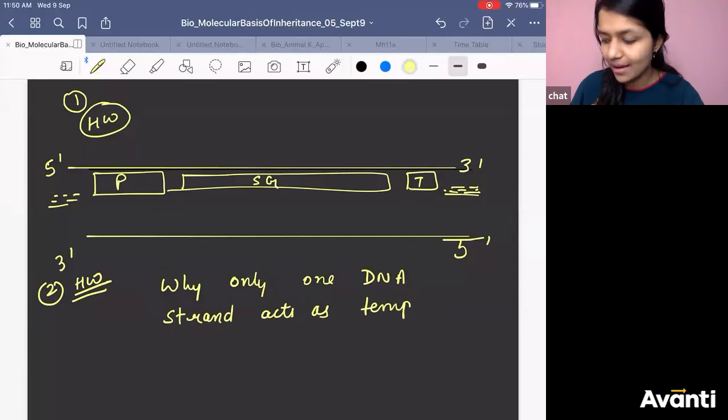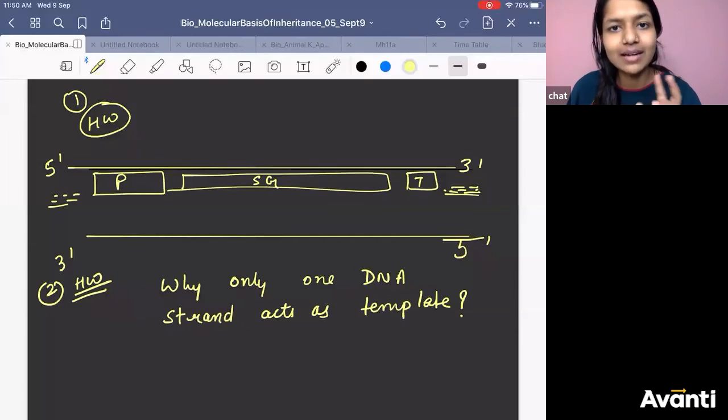Why can't we have, meaning, what is the question? Why can't we have both the strands of DNA working as template? As we had seen in the case of replication, both strands were working as template. So why only one DNA strand acts as template? Why can't we have double-stranded RNA? What is the reason?